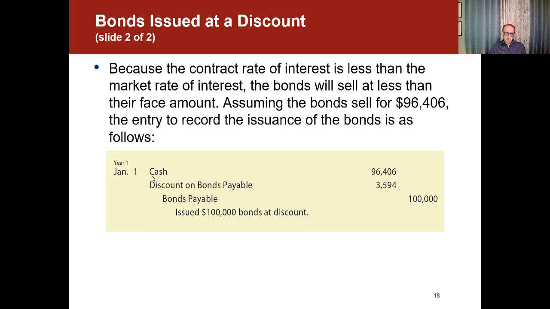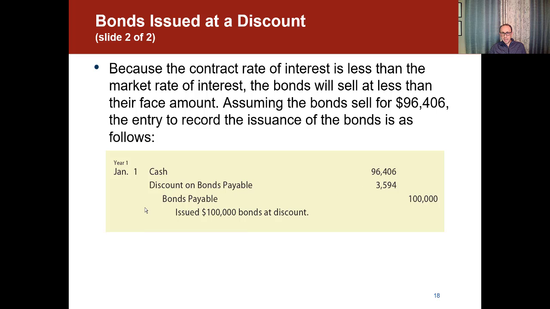So the company is the one receiving the cash, and it's receiving this discounted price, which is $96,406. Then the credited liability, which is the bonds payable, for $100,000. Since the debit and credit don't match, we have to plug in $3,594, which is the difference between the $100,000 face value of the bond and $96,406, which is the issuance price.